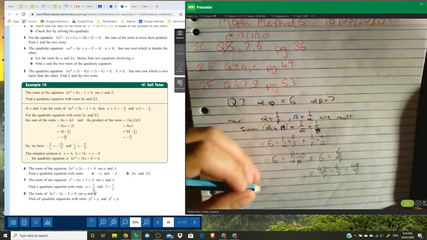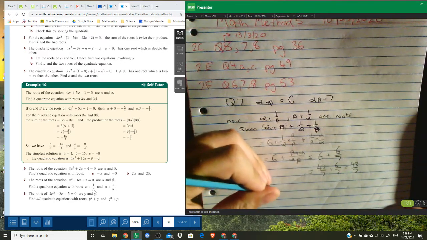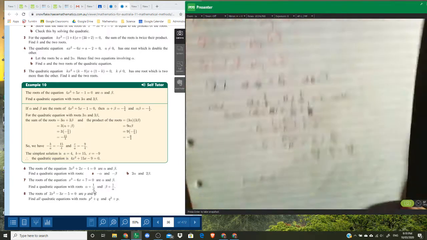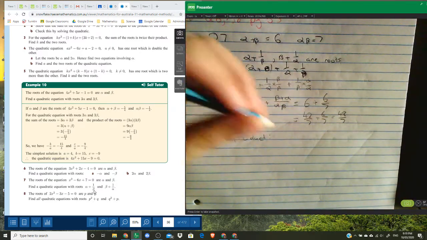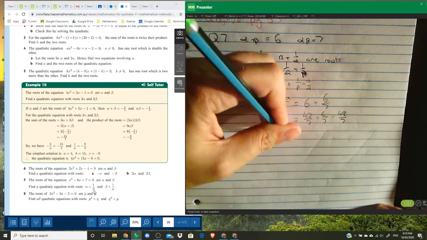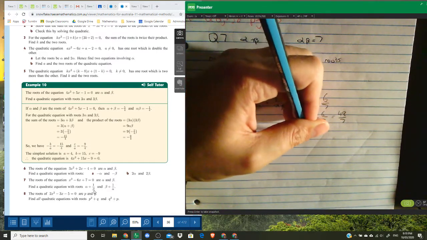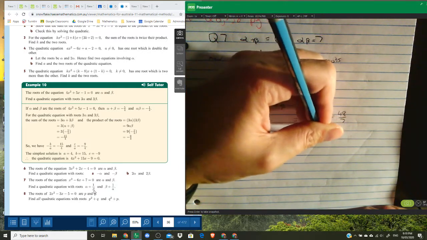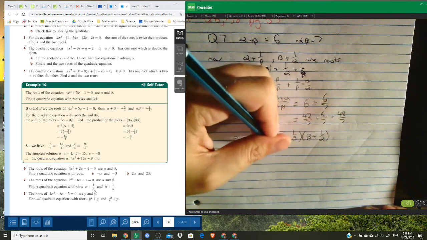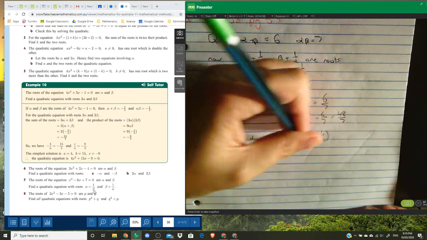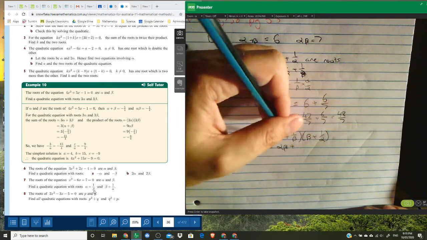Okay, so now the product of roots. All right, alpha plus 1 on beta times beta plus 1 on alpha equals alpha times beta plus, now we fully expand that.